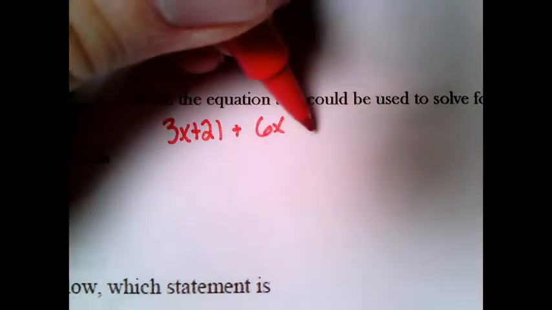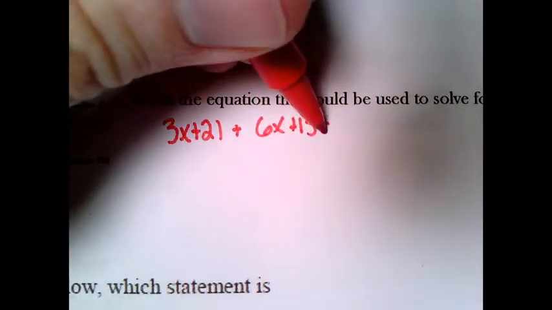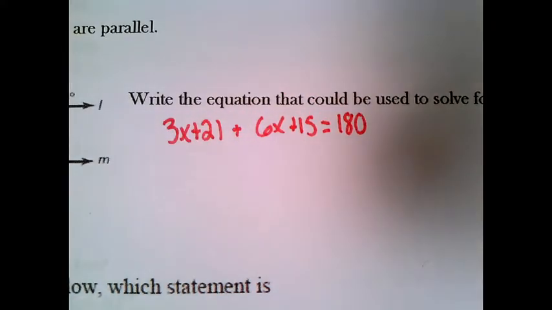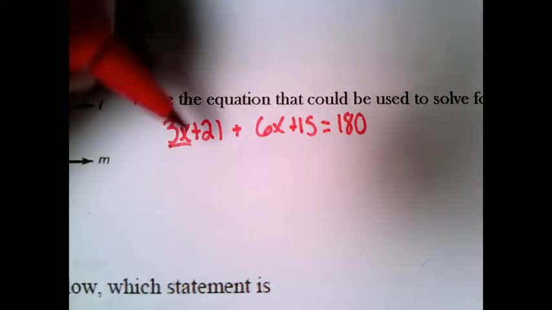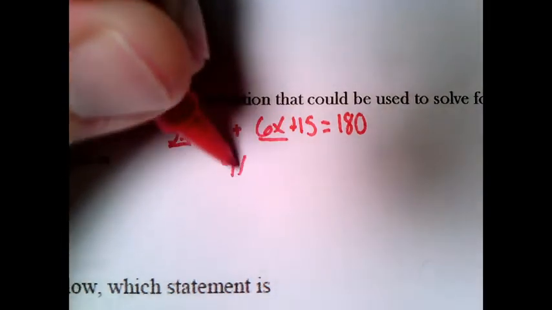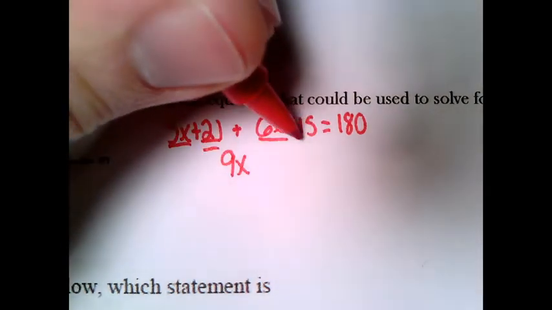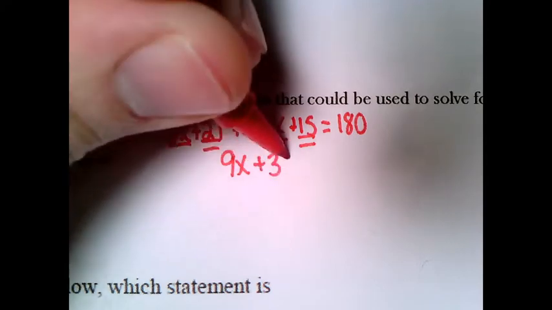3x plus 21. That's my first angle plus my second angle, 6x plus 15. We're going to set that equal to 180. So we're going to collect like terms. 3x and 6x is 9x. 21 and 15 is 36.